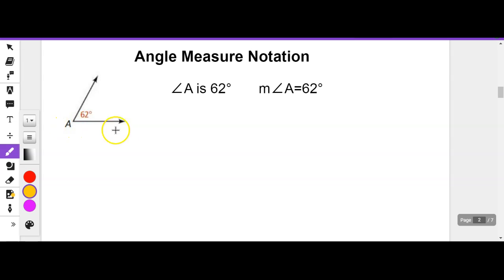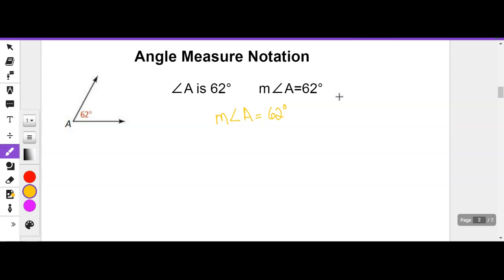As we see right here, angle A is equal to 62 degrees. To write that notation, you would write a lowercase m, angle A equals 62 degrees. Make sure you put the degree symbol, because in our class we're only going to deal with degrees, but later on when you're in trigonometry, you'll deal with degrees and with radians.